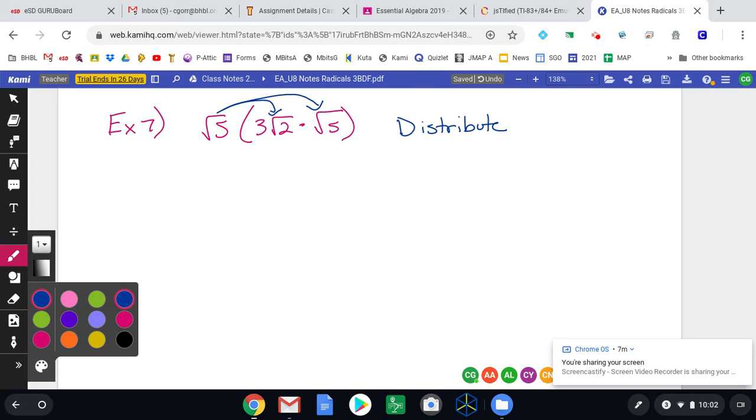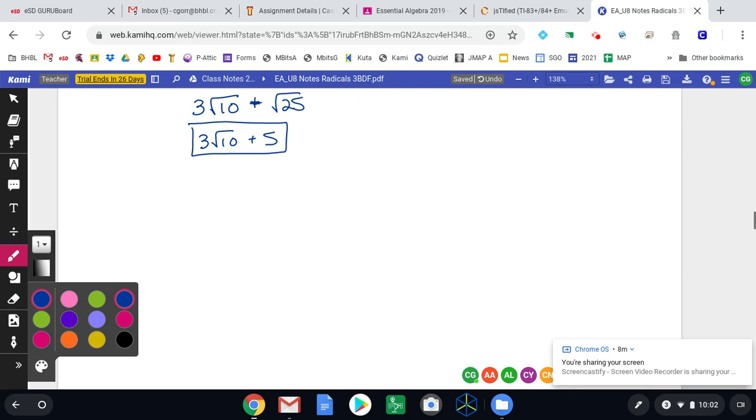For the first one, there's a 1 here, remember? So this is going to give me 3 radical 10. Now radical 5 times radical 5, oh, I forgot that plus sign. It's going to give me a radical 25. Now square root of 25, we know is 5. So my answer then is 3 radical 10 plus 5, because I can't put them together. They're not like radicals.